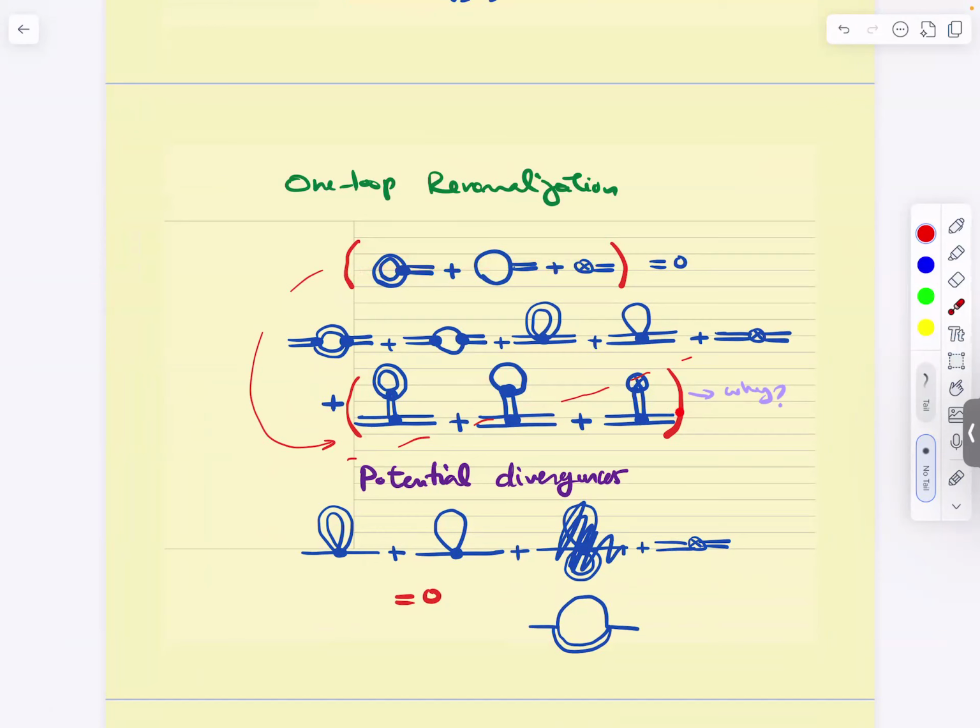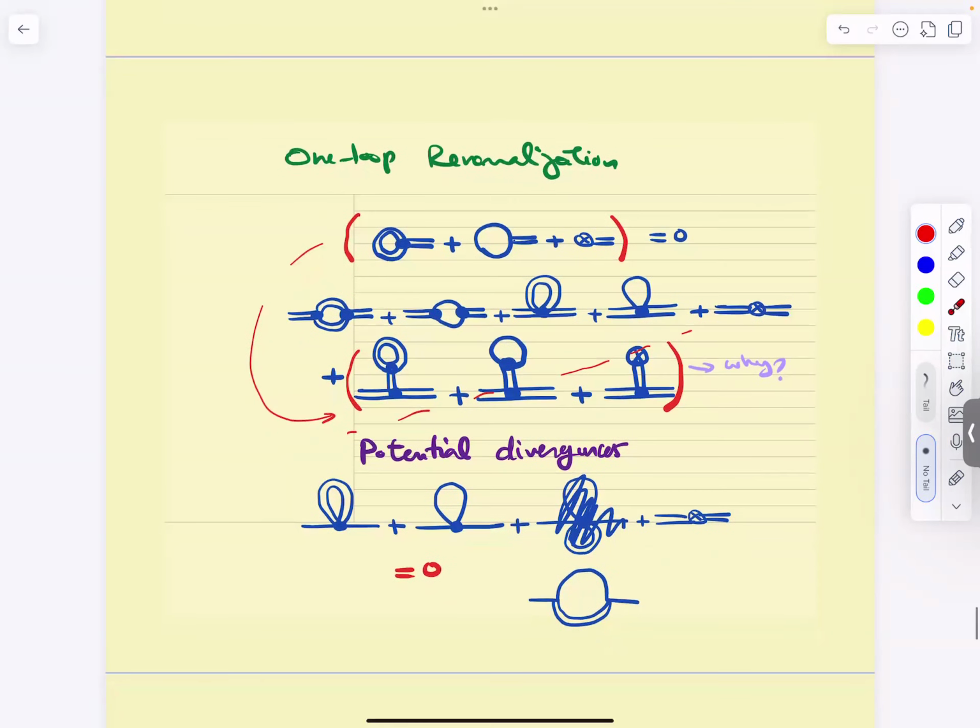Do you see it? Because these 3 diagrams are the same as these if you add something here. There are all sorts of interesting rules that you discover when you try to renormalize this perturbatively.